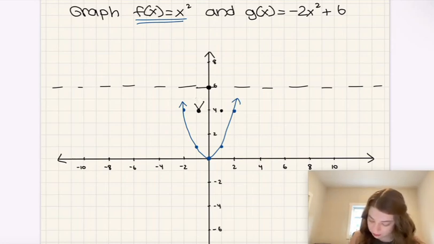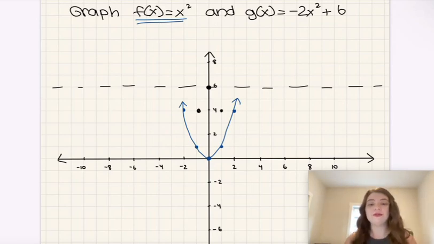Okay, now what would we normally do next? Normally we would do over 2 up 4, but again, it's going to be over 2 and down something because of the negative sign, so it's not going to be up, it will be down. And also, that 4 needs to be multiplied by 2, so it's actually going to be over 2 down 4 times 2, which is over 2 down 8.